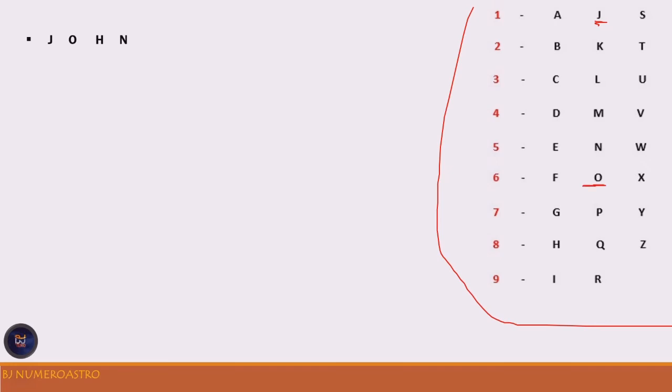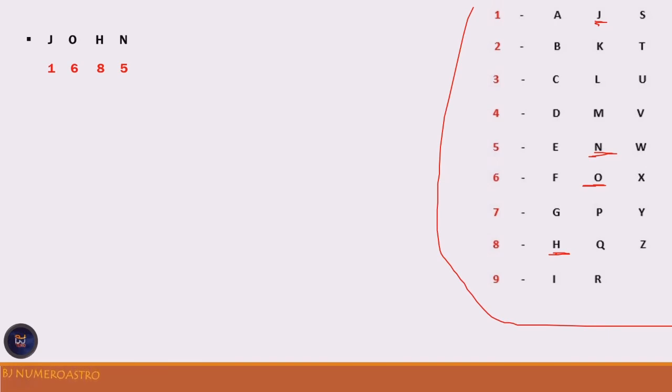H has the value 8. And N has the value 5. So just write the values on that. So J has the value 1, O 6, H 8, and N 5.